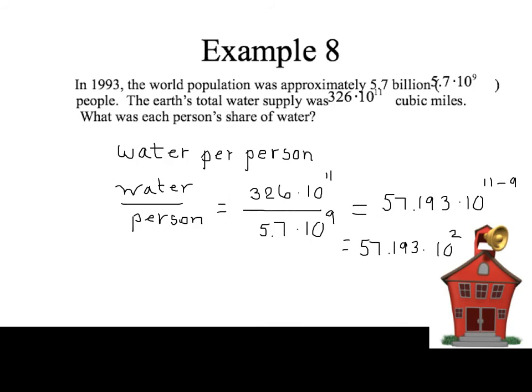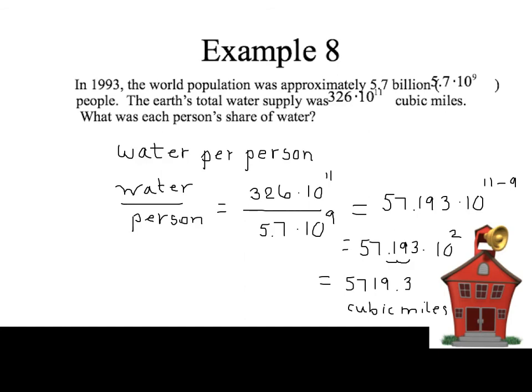That's the same as, if you move your decimal 2 places to the right, because that's what multiplying by 100 implies, that's the same as each person getting 5,719.3 cubic miles of water. That's a lot of water.